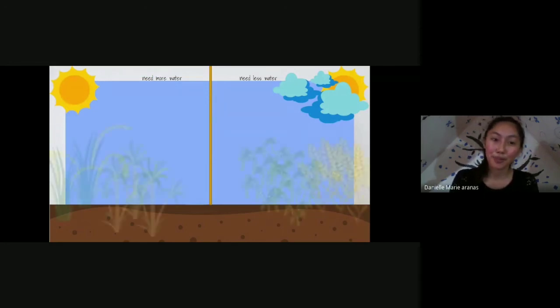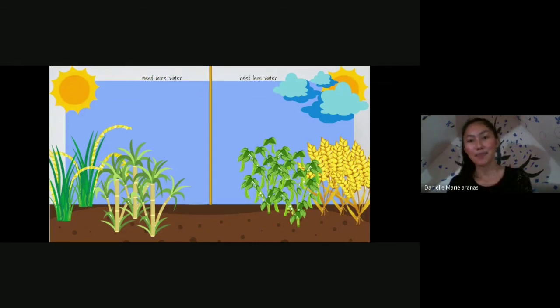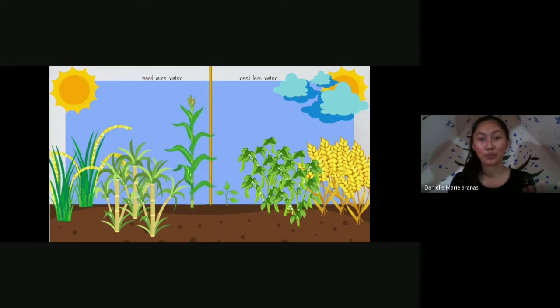Similarly, crops like rice and sugar cane needed more water than beans and wheat. And lastly, as an example, fully grown crops needed more water than the plants that are just newly planted.